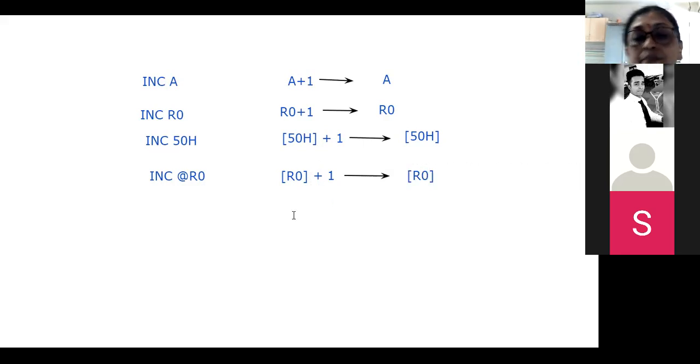The square bracket indicates that the contents of R0 are a memory address. So this is how all these increment instructions are used.